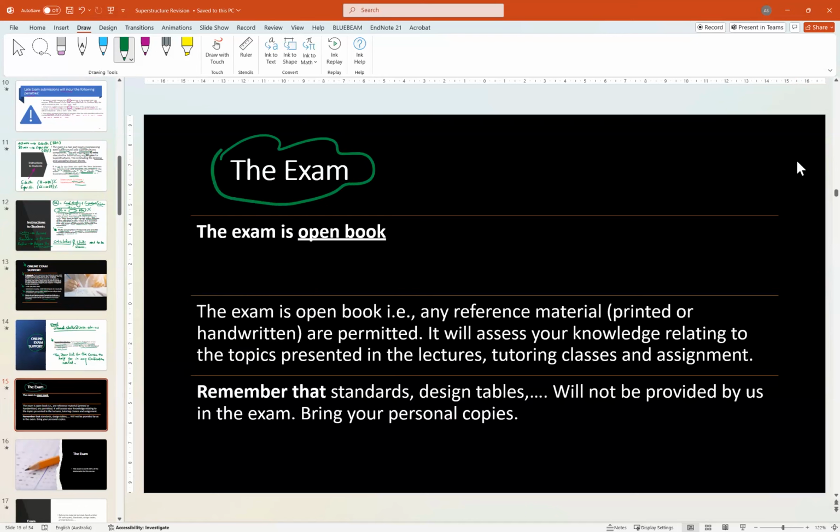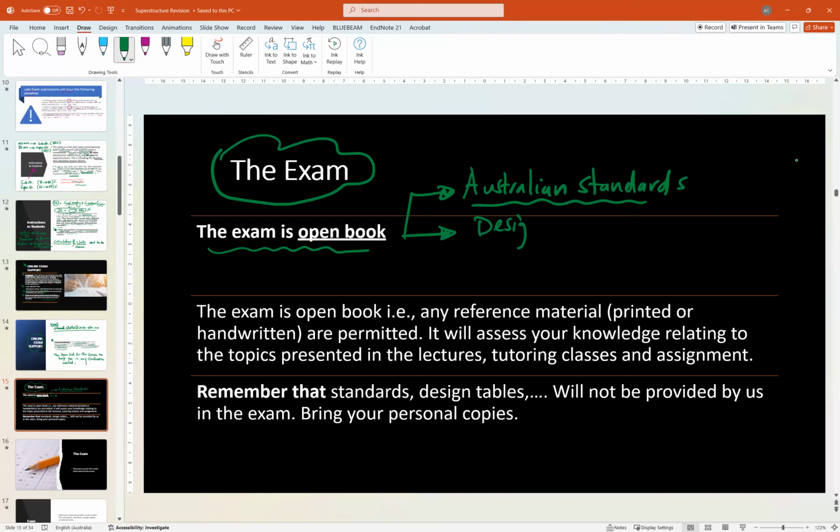Other instructions about the test. Again, the exam is open book, so you can use any source you want, like the Australian standard and design capacity tables and even lecture notes.